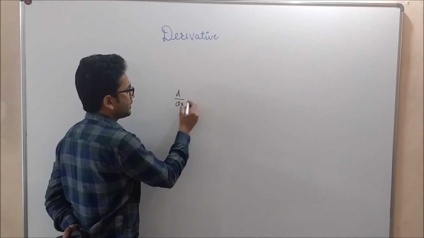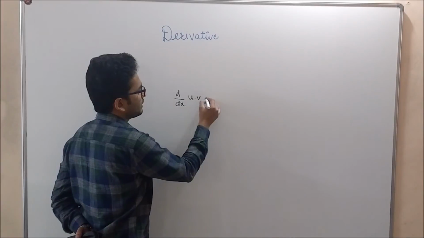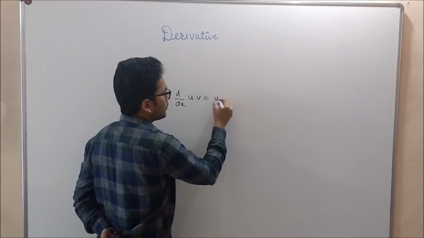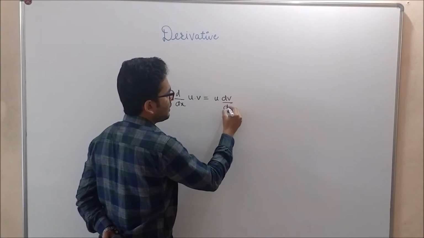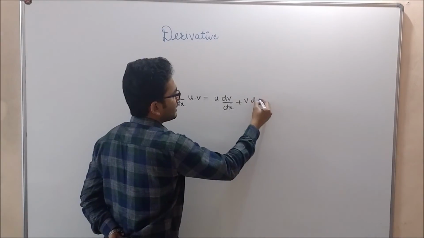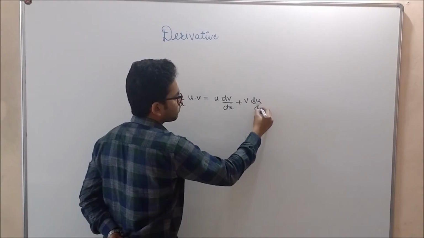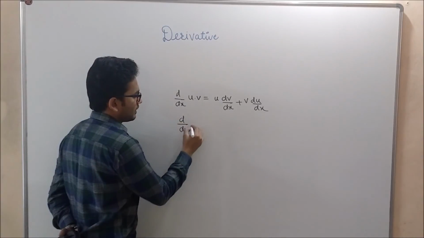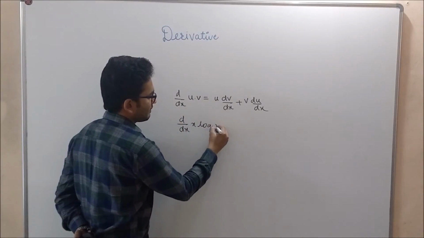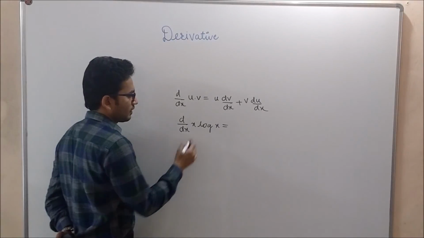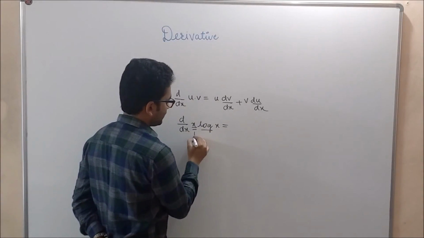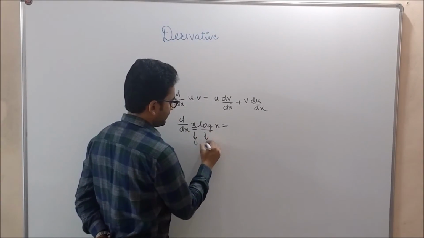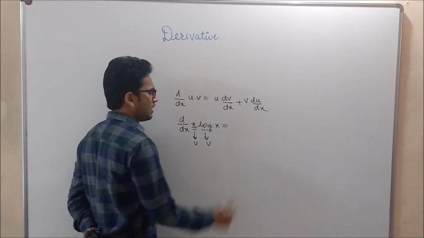Derivative with respect to x of u into v is equal to u derivative of v plus v derivative of u. So the derivative of x log x will be equal to, suppose this is u and this is v, so just put in the formula.